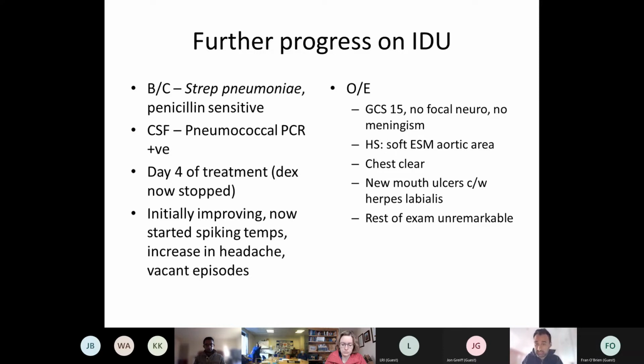Her GCS is 15. There's no focal neurology, no meningism. There's a soft ejection systolic murmur in the aortic area, but the chest is clear. And you do notice she's now got some new cold sores around her mouth, but the rest of the examination is unremarkable. So improved, you think you've got the organism right, but then a little bit of deterioration.